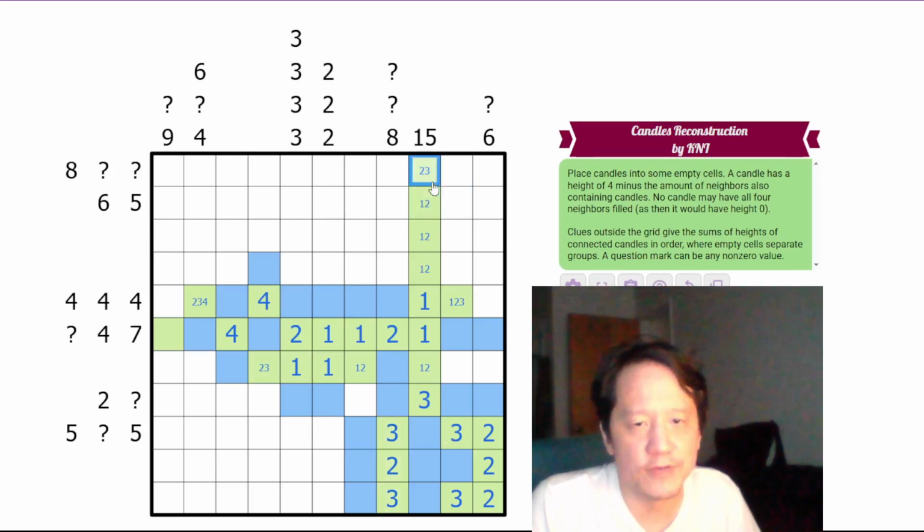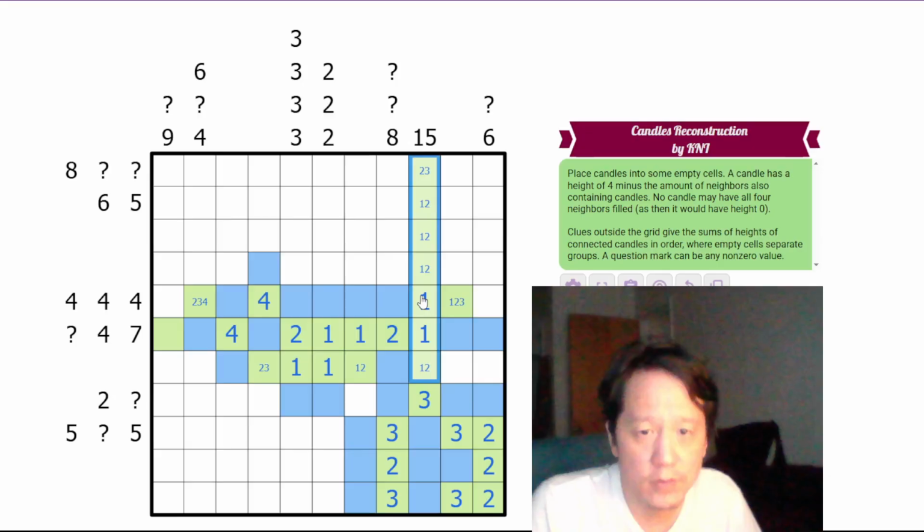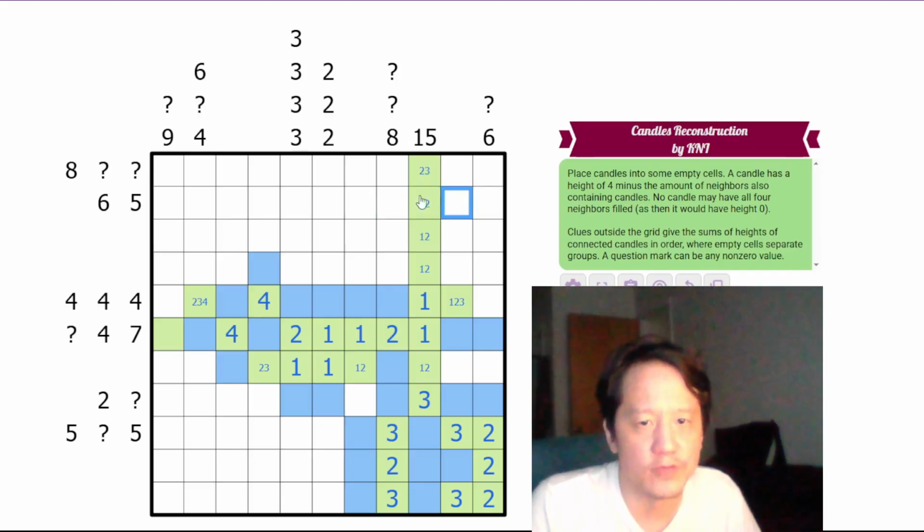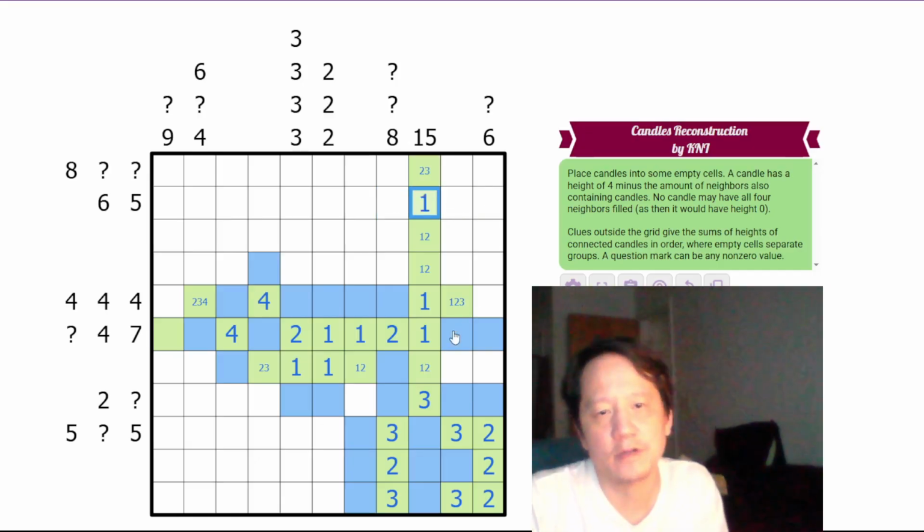We have 1 degree of freedom here. This necessarily must continue here in one of these. So this would have to be a 1.